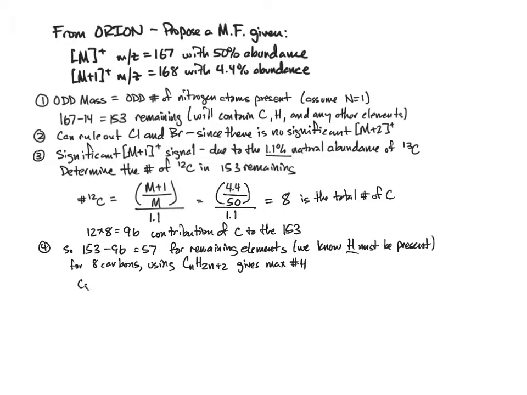So we take 8, that gets us 16, 17, 18. So that's the max number of hydrogens. But the issue is we have 57 mass units to account for. And so if we were to take 18 due to hydrogen, that gets us 39 remaining mass units. So the question then is which element?